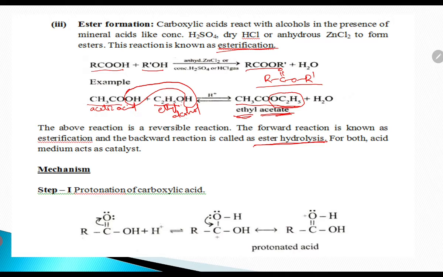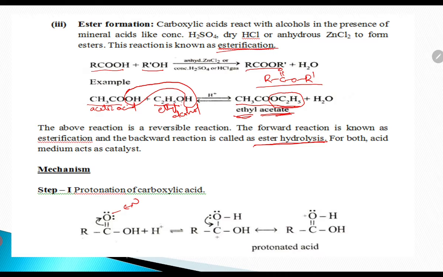The first step is protonation of the carboxylic acid. This esterification takes place in the presence of a mineral acid. We know that this oxygen atom is highly electronegative, so it withdraws electrons towards itself from the carbon atom.